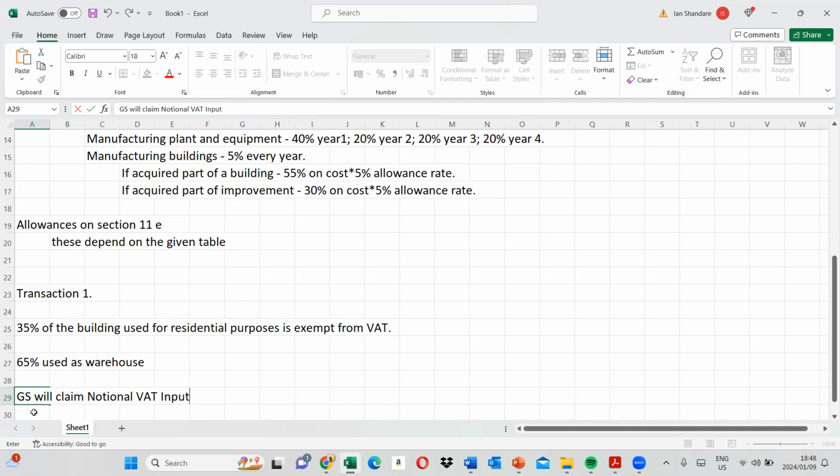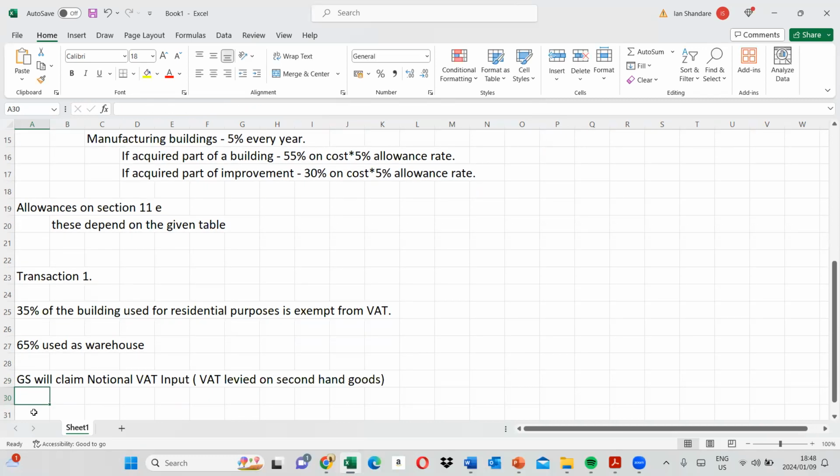Notional VAT input is just a VAT that is levied on second-hand goods. So there's a slight difference between the normal VAT that we claim and notional input.